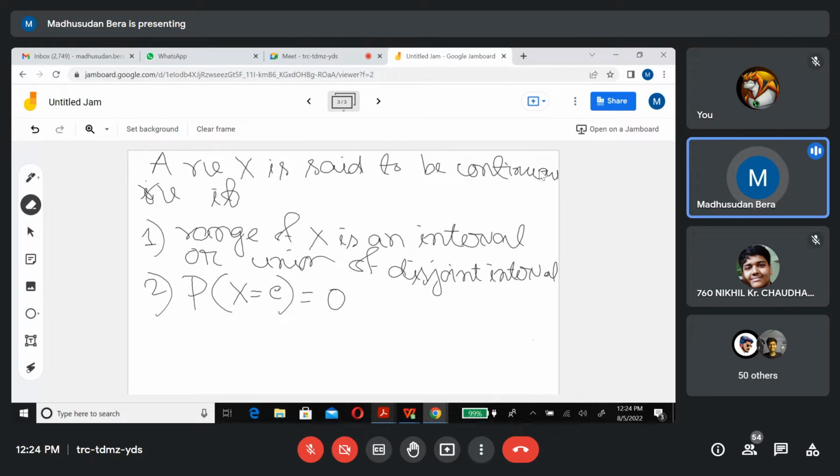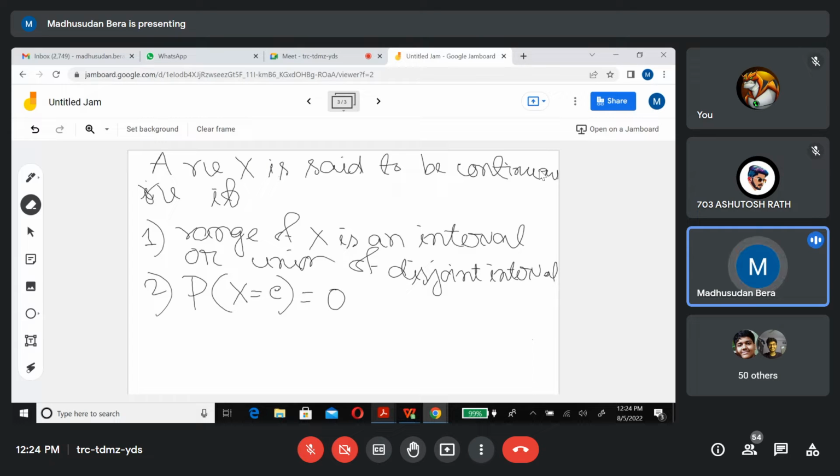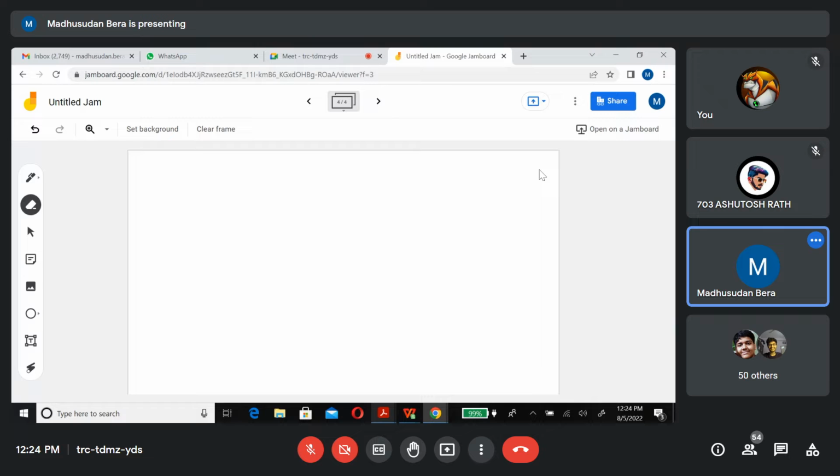One example: suppose X equals the depth of a pond or lake.